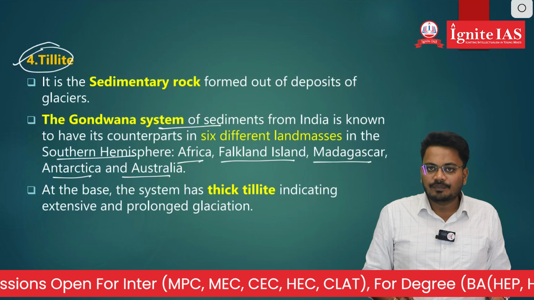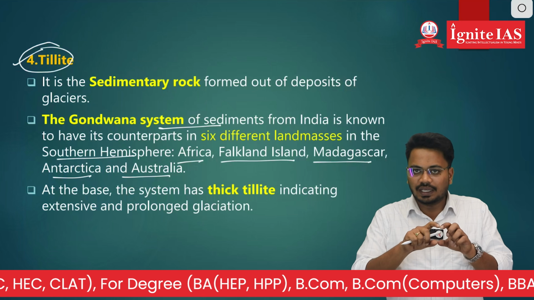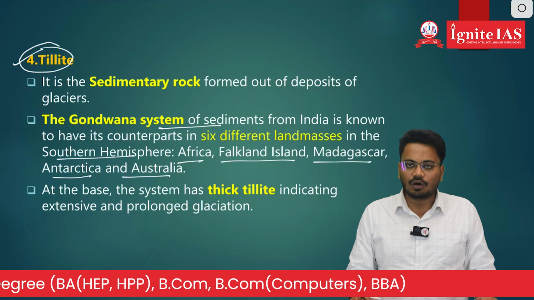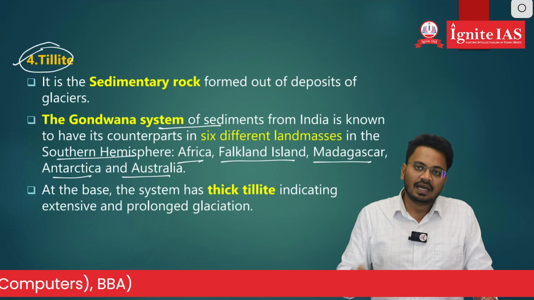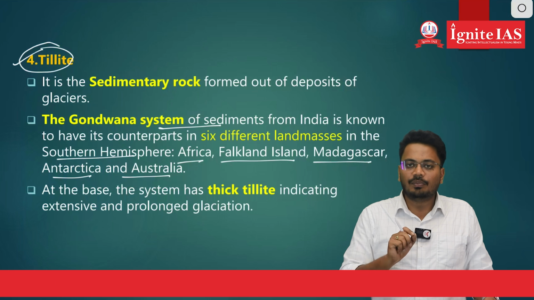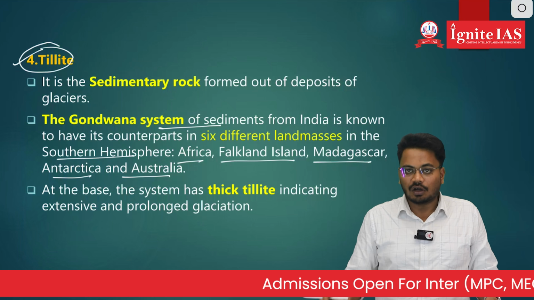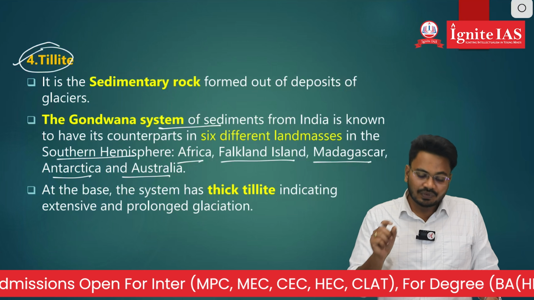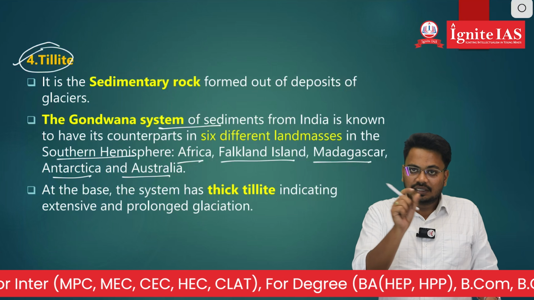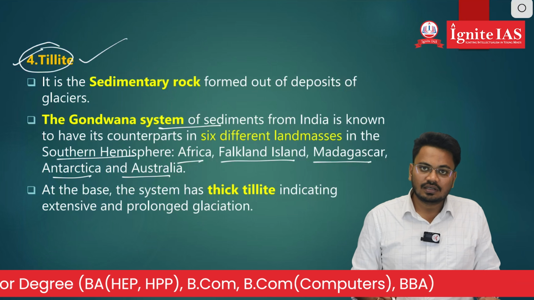Now the point is, below these Gondwana rocks, we have a layer of sedimentary rock, and that layer of sedimentary rock is called tillite. This tillite is formed by the deposition of glacial features, or else we can say that due to the deposition of glaciers we see a rock system called tillite, right?